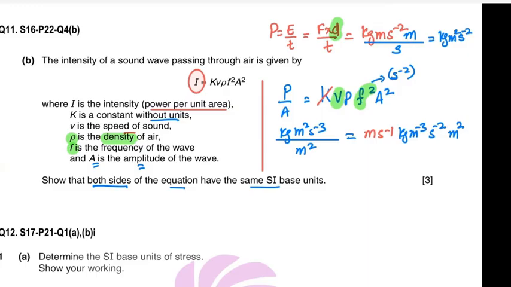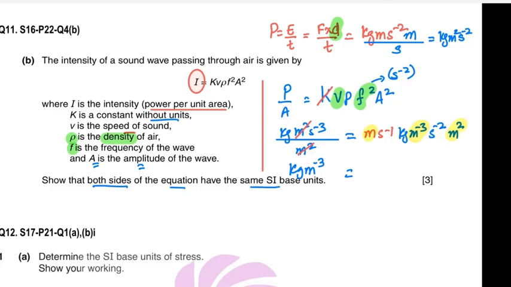Now simplifying it on both sides, m power 2 will get cancelled with m power 2. You are left only with kg m power minus 3 on the left side. On the right side, this is m power minus 3, and this m power 2 and m will make it m power 3.